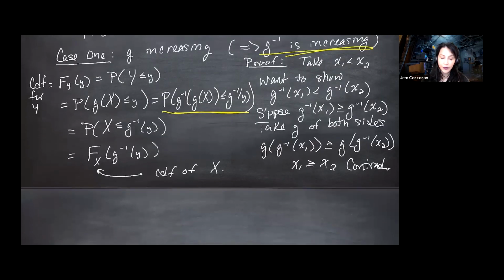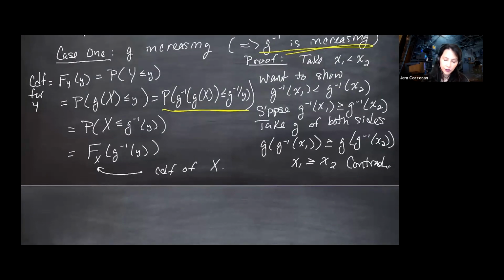Okay, so we want to find the PDF though. We're still in this case where g is increasing. We've related the two CDFs, the cumulative distribution functions. You get a CDF from a PDF by integrating, and you get a PDF back from a CDF in the continuous case by taking a derivative.